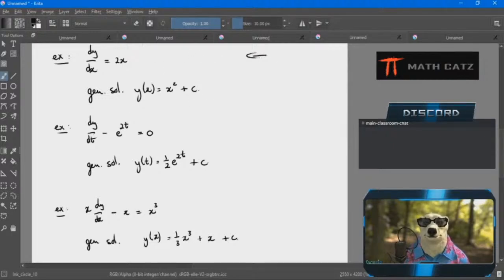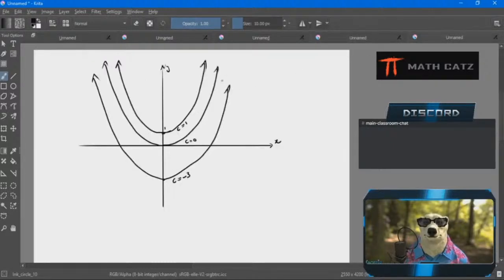So if I'm given more information, then I can actually go a little bit further and pick exactly which one you want. Now, none of these graphs overlap.